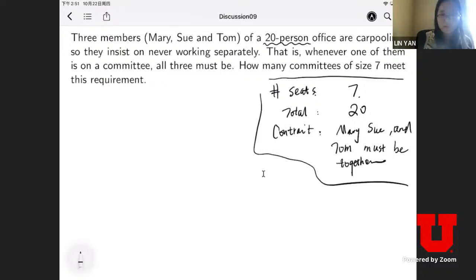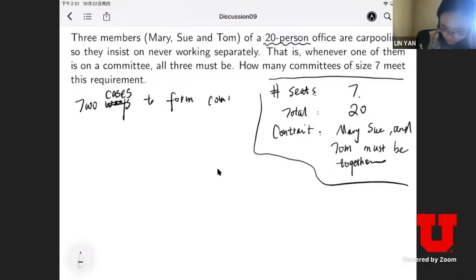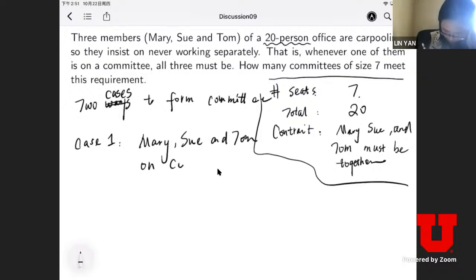So there are 2 ways to form the 7-member committee. That means two cases. Case 1 is that the 3 people are on the committee.